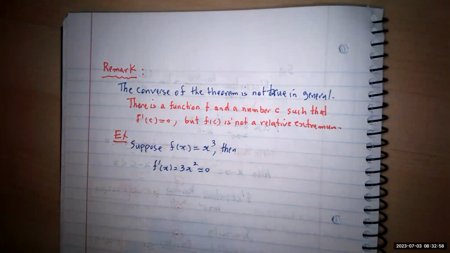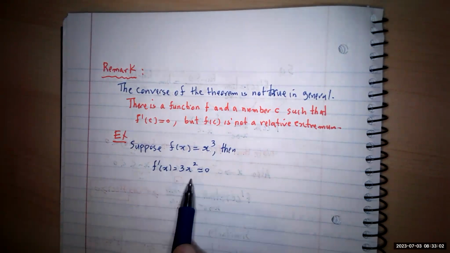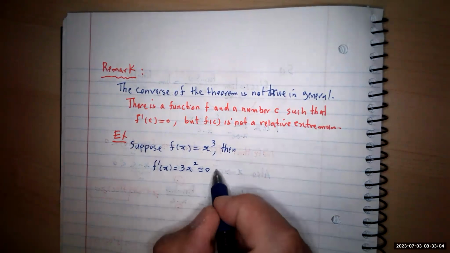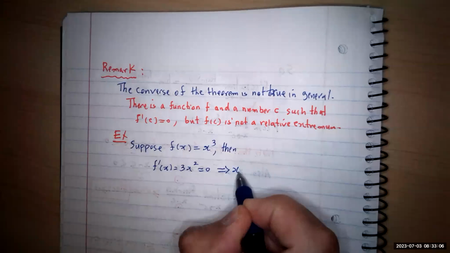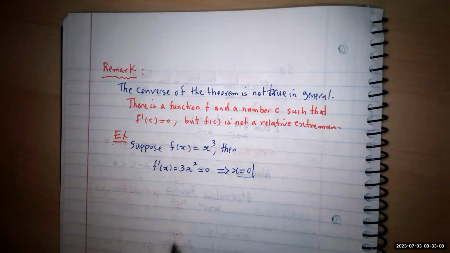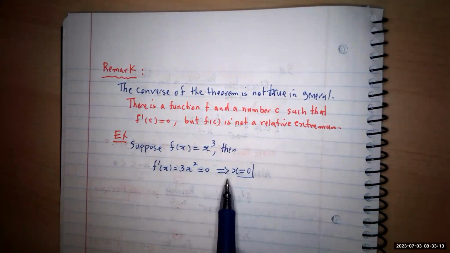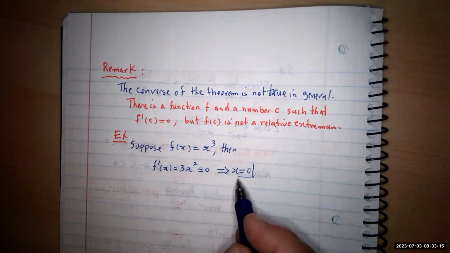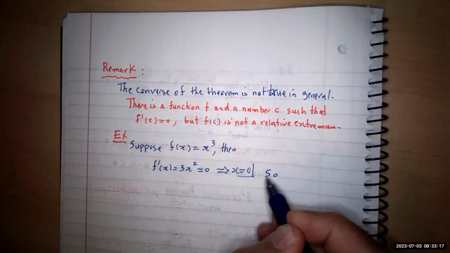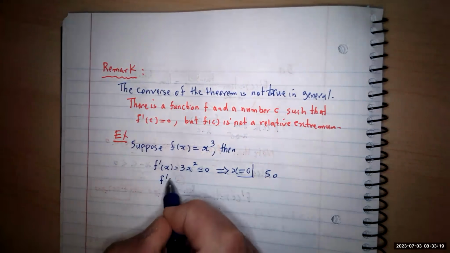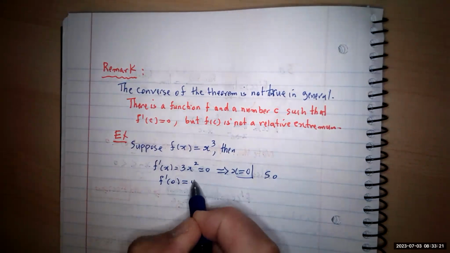You did it on the quiz, remember? You find the derivative, let it equal to 0 to find the horizontal tangent line. So this would give you what? This gives you x equal to 0. So this x equal to 0 is like the c. So what we did over here, we have the case that f prime of c is equal to the 0, you see?